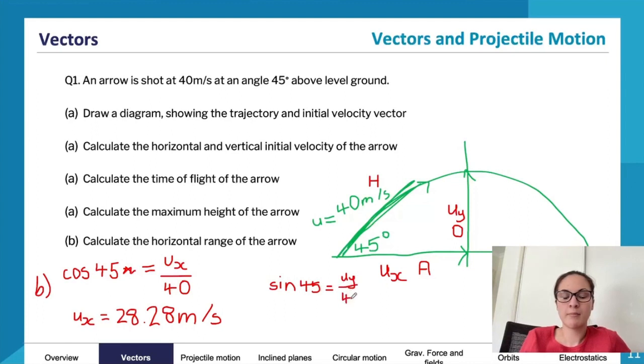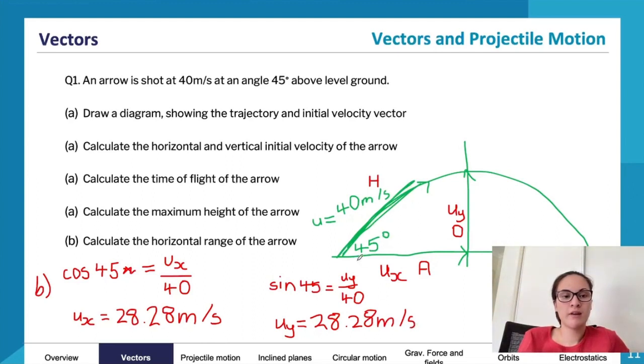Then once again you multiply both sides, and you will find that Uy and Ux is the same, 28.28, and that's just because that's the way the math works. We just happen to get both the same answer. And if you wanted to check this and do some of the Pythagorean theorem, then by all means check, but you will end up with 40 if you were to do so. But yeah, so 28.28, that's Ux, and it's also Uy.